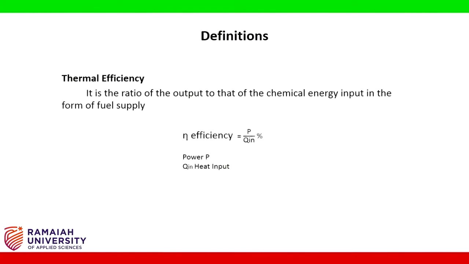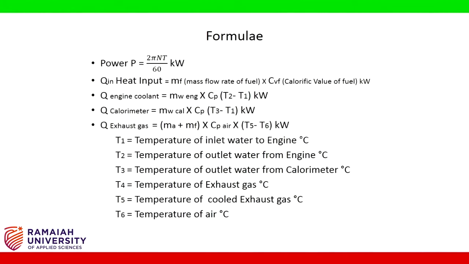Thermal efficiency is the ratio of the output to that of the chemical energy input in the form of fuel supply. Efficiency is equal to P by Qin in percentage, where P is power and Qin is the heat input. The formulae used in this experiment are as shown.